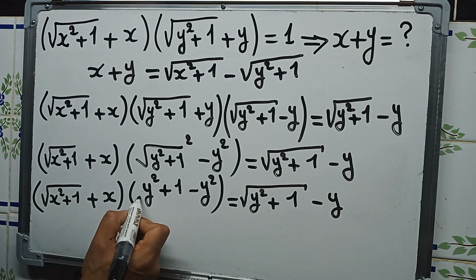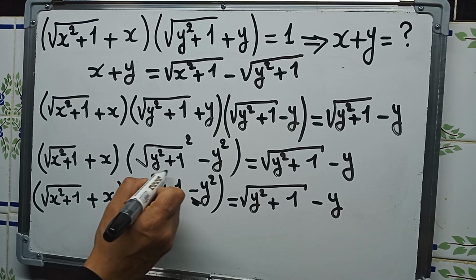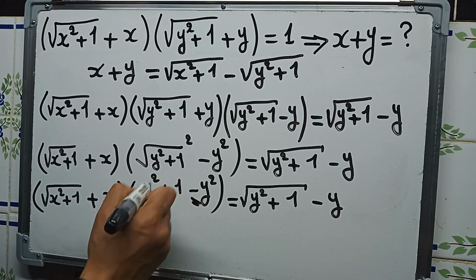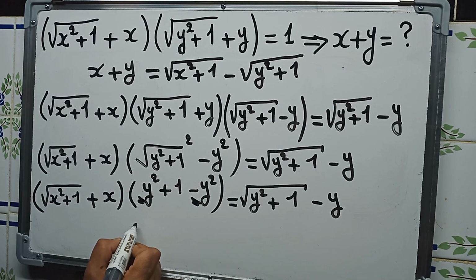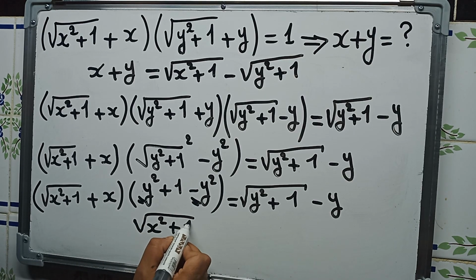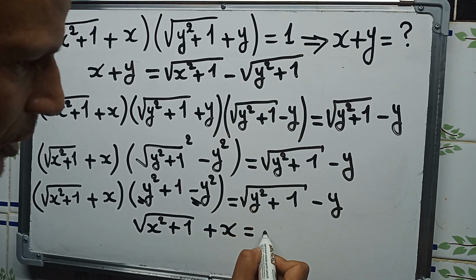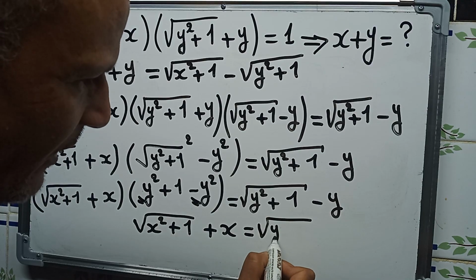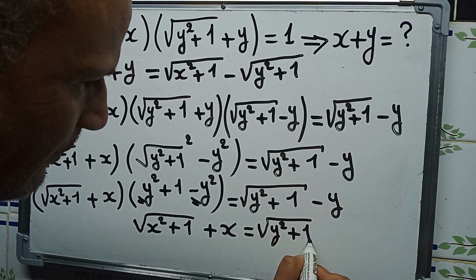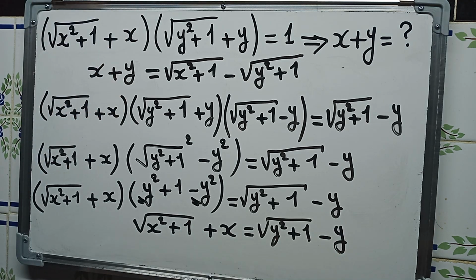And now the y squared with minus y squared will just cancel, and we will have 1 here, and 1 times this number is just this number, so we will have square root of x squared plus 1 plus x is equal to square root of y squared plus 1 minus y. And now it's the time to bring minus y to this side and to have the second equation.